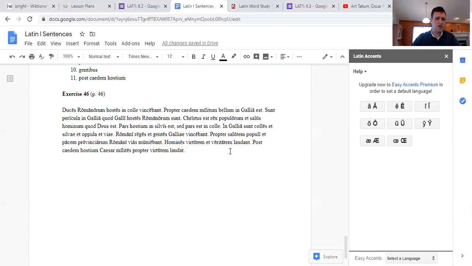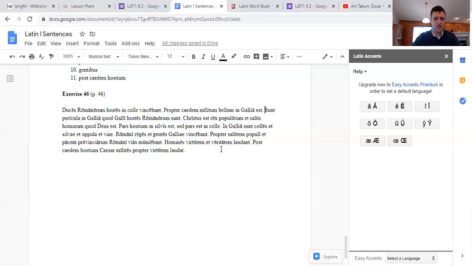Duces Romanorum hostes in colle vincebant. The leaders of the Romans were conquering the enemies on the hill. Propter caedem militum bellum in Gallia est. Because of the slaughter of the soldiers, there is a war in Gaul. Sunt pericula in Gallia quod Galli hostes Romanorum sunt.